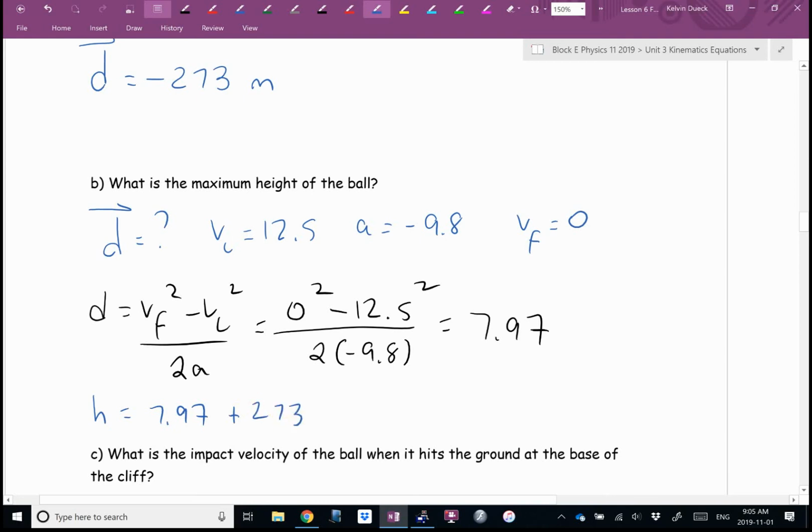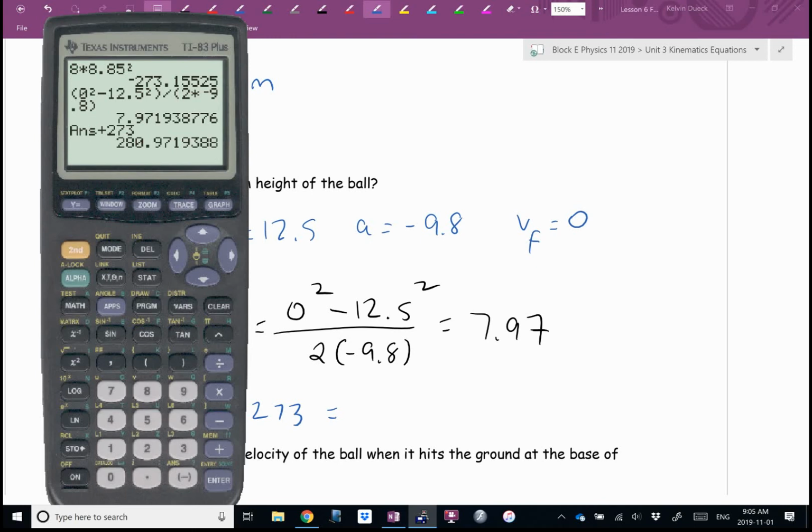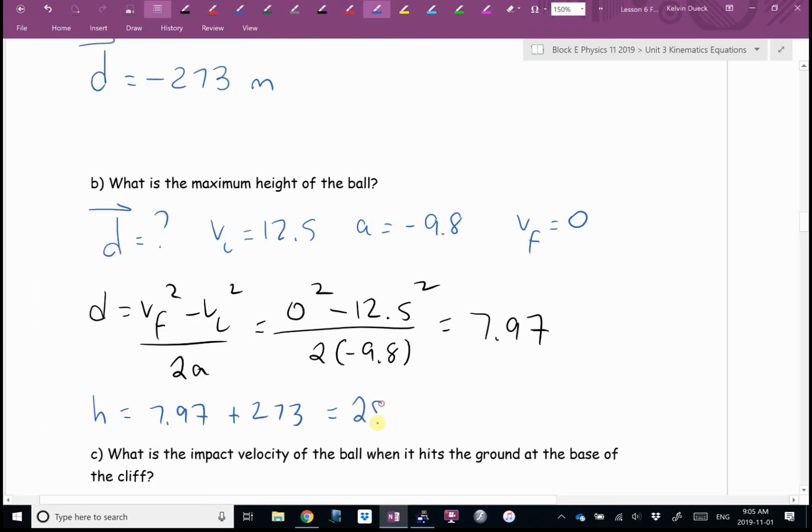And now I'll make it a positive because we're measuring from the ground up. And I'm going to go 281. Meters above the ground. See the tiny little sneaky part? So if you're ever standing on a cliff and in the homework I ask you to find the maximum height, if you're getting the wrong answer, you probably forgot to include the cliff.